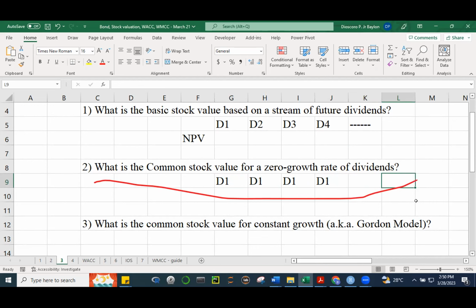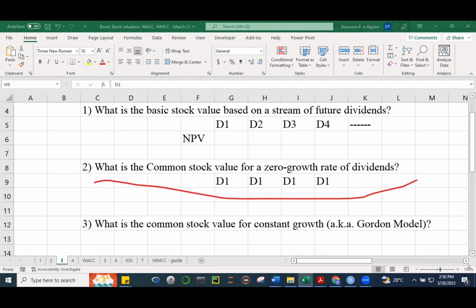So unlike number 1, where the dividends may be different across the years, for this one it will be just D1, dividend over rate of return. That's the formula there, but we'll take a look at that from the Gordon model.